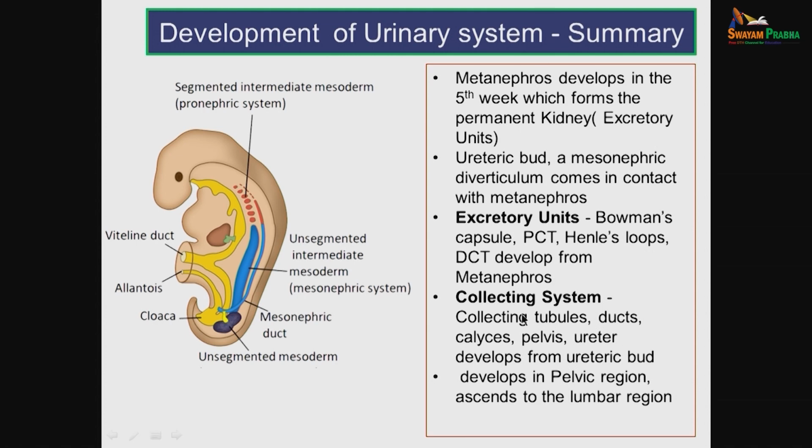One is the metanephros and another is the ureteric bud. As mentioned earlier, kidneys develop in the pelvic region, then they ascend up to the lumbar region, and when they ascend, the hilum which was facing anteriorly will rotate and the hilum will face medially in adults. That is called rotation of the kidney.